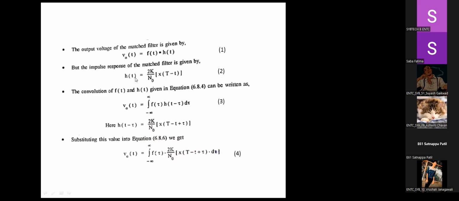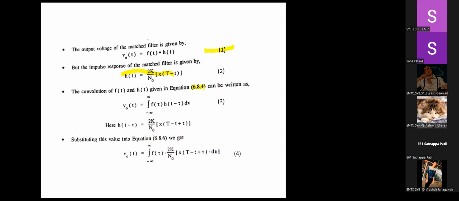Then we know the impulse response; a few minutes back we calculated the impulse response of the match filter. The impulse response of the match filter is given by h of t is equal to 2k by N naught into x of T minus t. Now, when calculating the convolution of f of t and h of t, which is given by this expression, I have changed the equation number here; it should actually be 6.8.4.